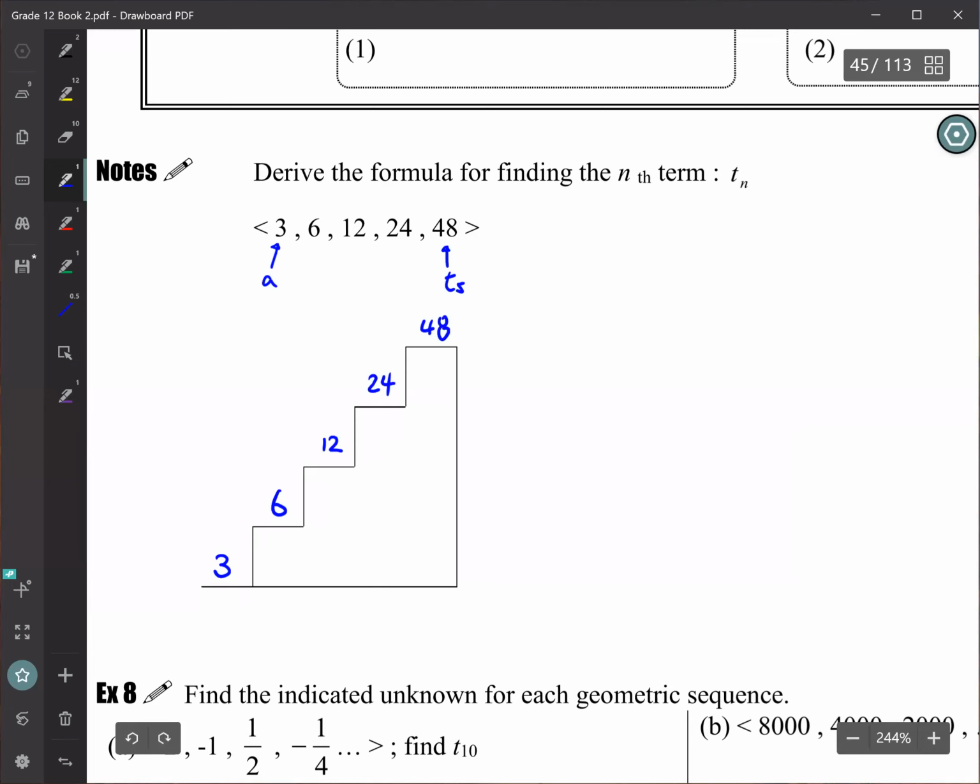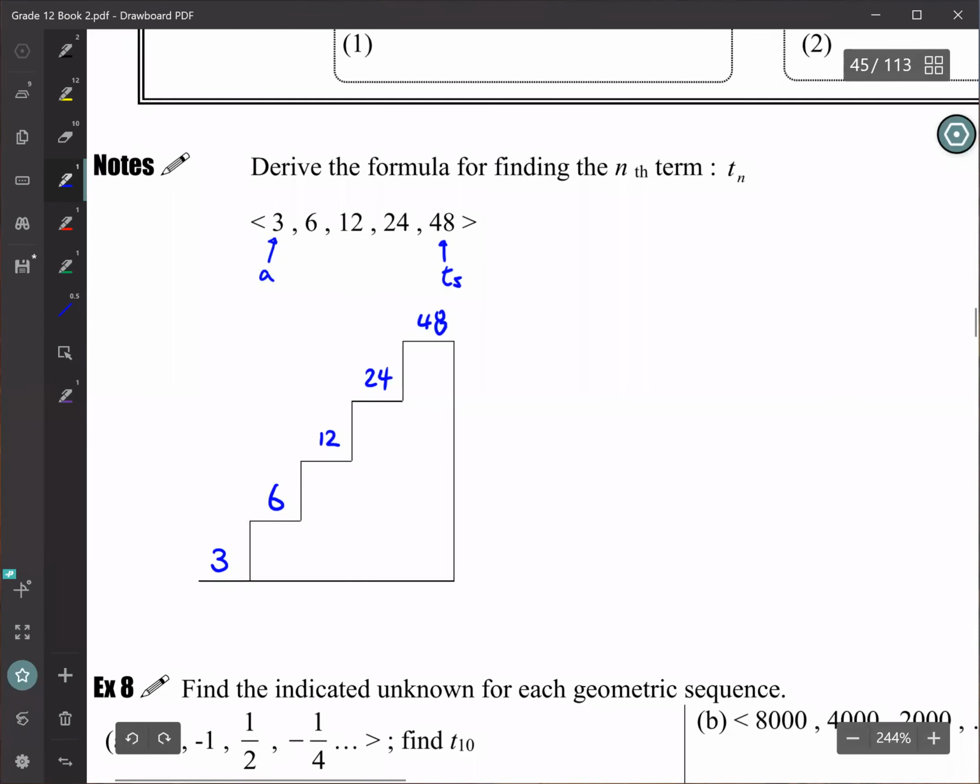So by looking at the terms, what is the ratio? Kelly? 2. Yeah, okay, very good. All right, so ratio, let's write that down. Ratio equals 2. So each time you multiply by 2 to climb the stairs, and eventually you get to 48.